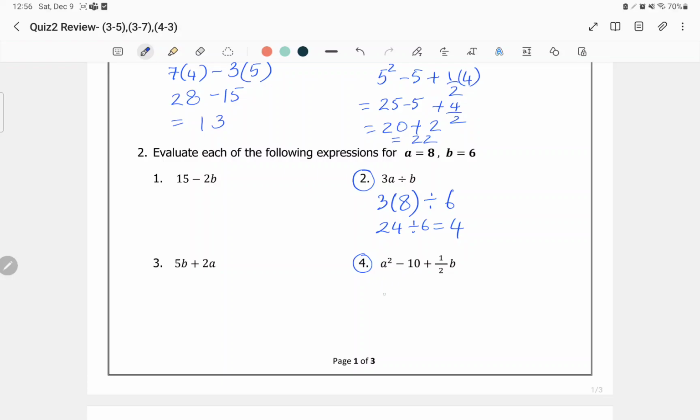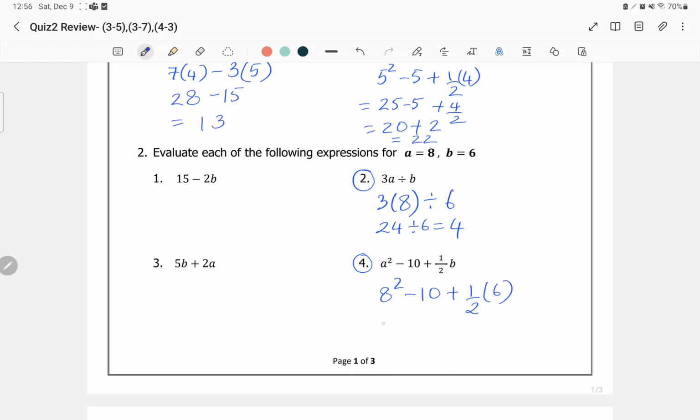a to the power of 2 is 8 square, or 8 to the power of 2, because a is 8, minus 10 plus half b. Half is as it is, b is 6.